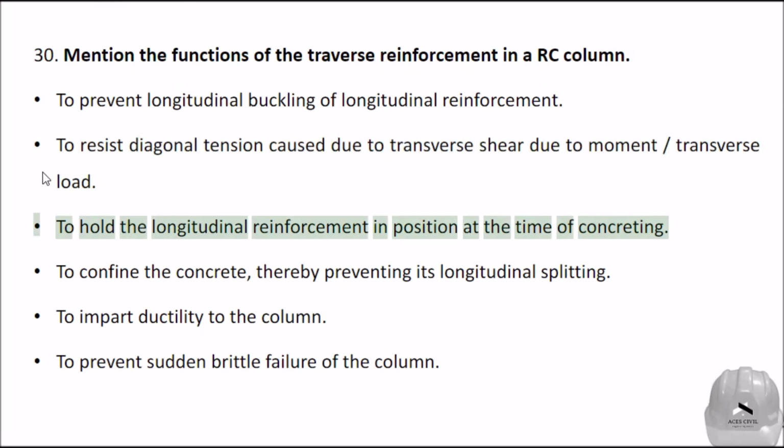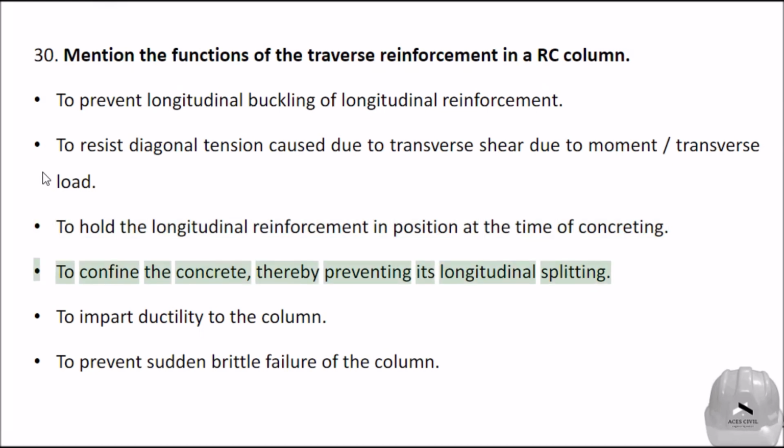To hold the longitudinal reinforcement in position at the time of concreting. To confine the concrete, thereby preventing its longitudinal splitting. To impart ductility to the column. To prevent sudden brittle failure of the column.